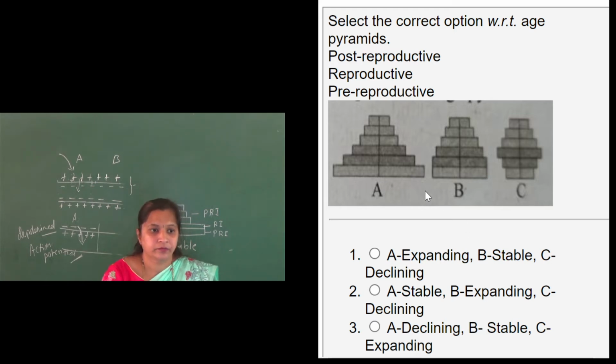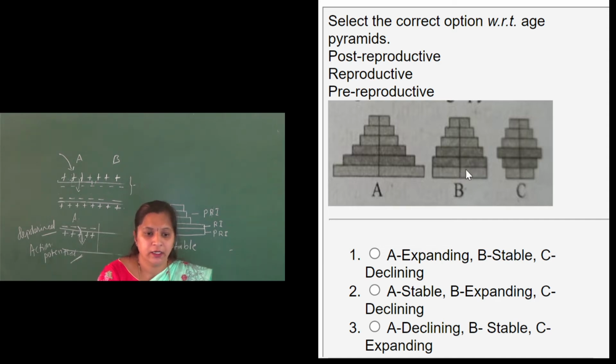Then B is a bell-shaped pyramid. Here the pre-reproductive age individuals are almost equal to the reproductive age individuals, whereas the post-reproductive age individuals are comparatively fewer.